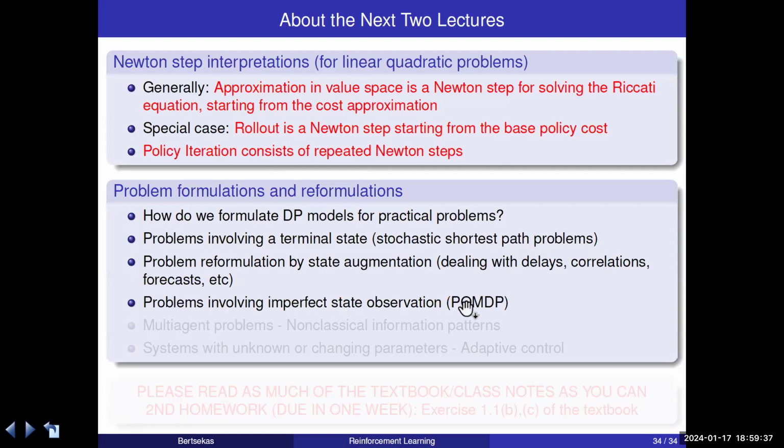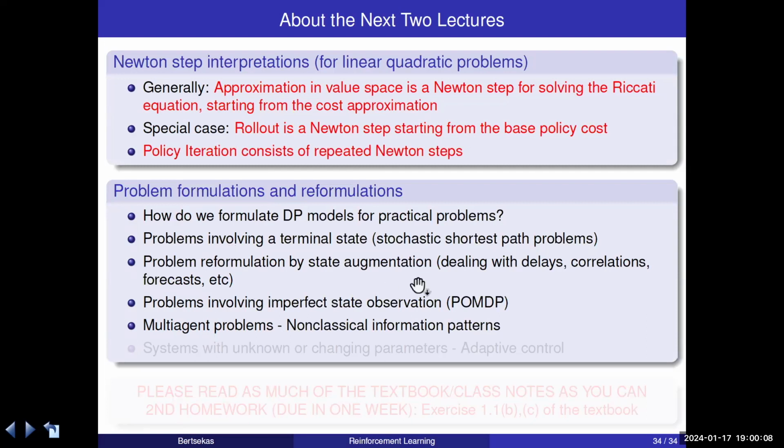We're going to discuss POMDP, imperfect state observation problems, and multi-agent problems, which involve a control space that's very large because each control consists actually of many components, one component corresponding to a different agent. So if there are 200 agents, for example, in your problem, that control would involve the Cartesian product of the controls of the 200 agents.